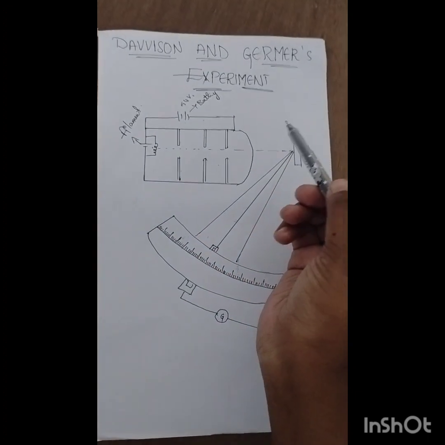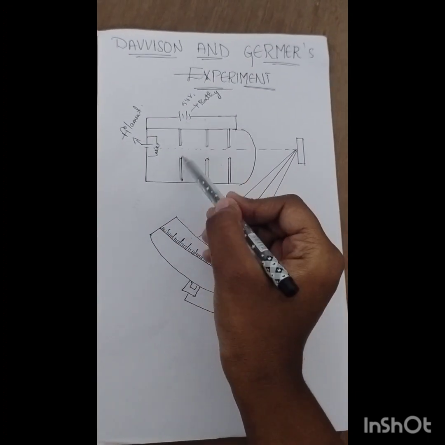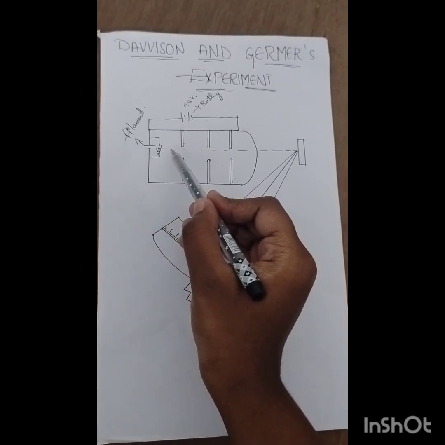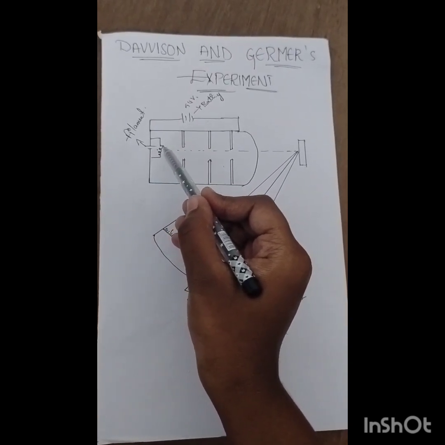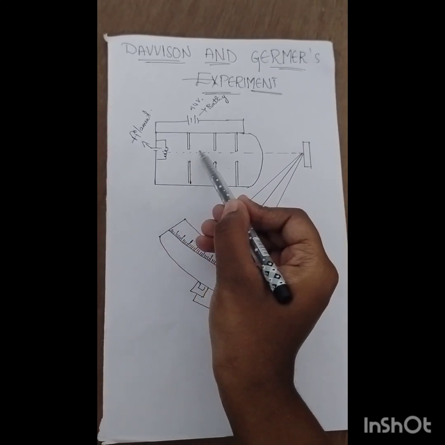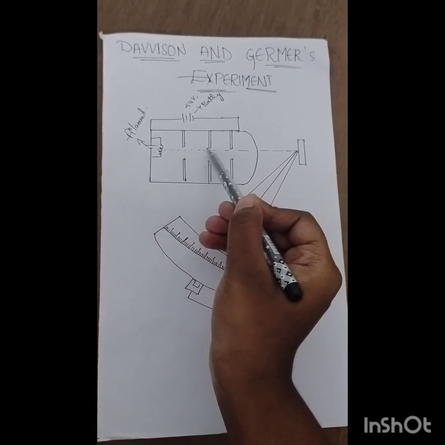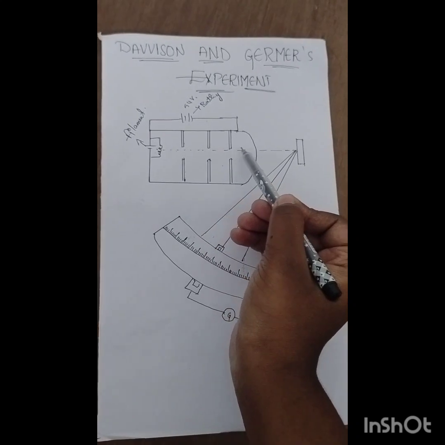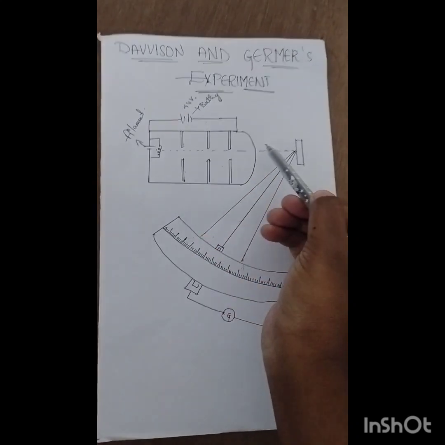When the electrodes are placed here, the electrons from the filament are accelerated, and due to this acceleration the electrons pass through a fine, narrow slit as a narrow beam.